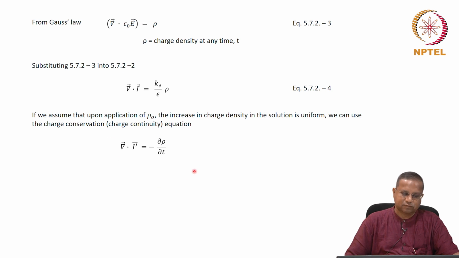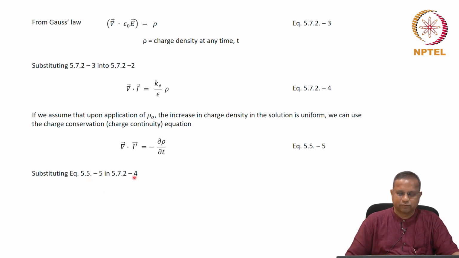This is the charge conservation equation, equation 5.5-5. So here you have del dot I from Maxwell's first equation, and here you have del dot I from the charge continuity equation.